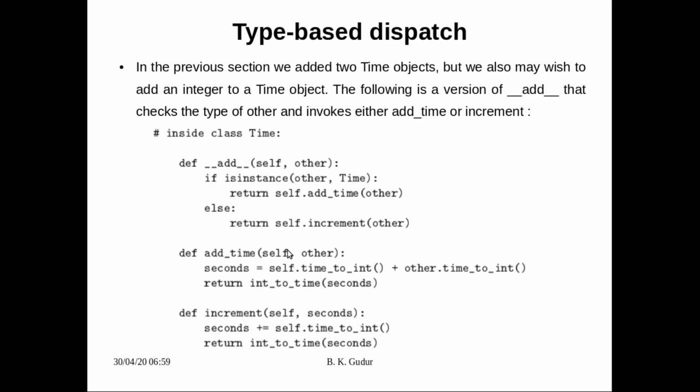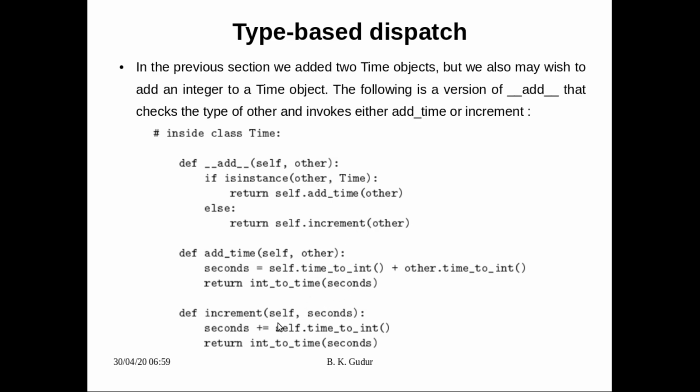Here it will take self and other. Obviously we have seen this: it will convert the time object to equivalent seconds, and later we use that to convert seconds to an equivalent time. And this is the increment function. So the increment method takes self and other, where other will be the number of seconds.